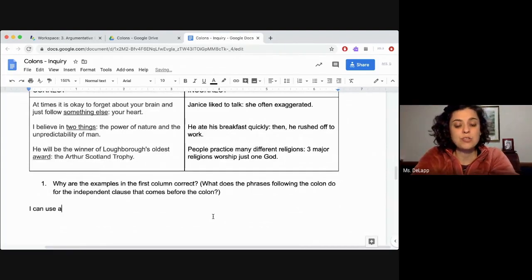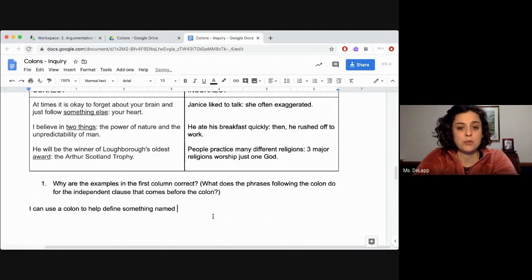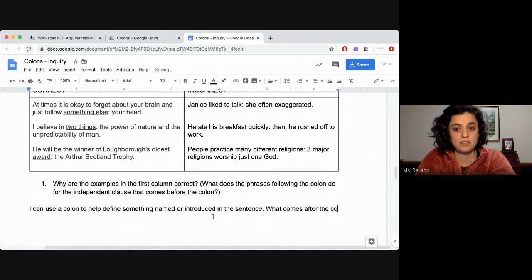I can use a colon to help define something named or introduced in the sentence. What comes after the colon should not be a complete sentence.